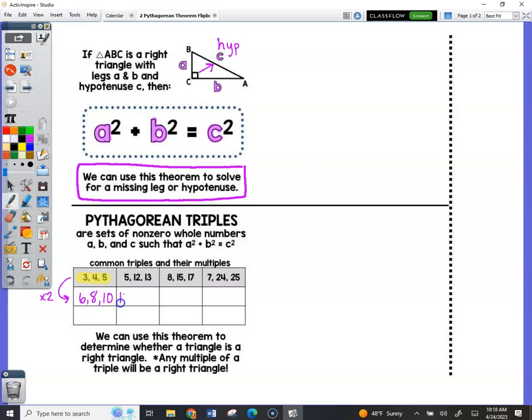This would be a 10, 24, 26. If we double this, we would have 16, 30, 34. I'm just doubling the numbers up above it. These are just dilations of it, right? If we double this, we would have 14, 48, 50.